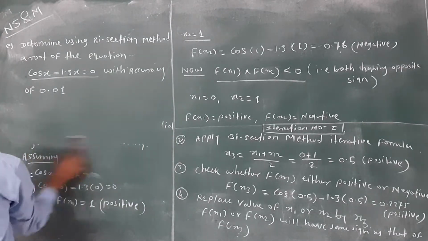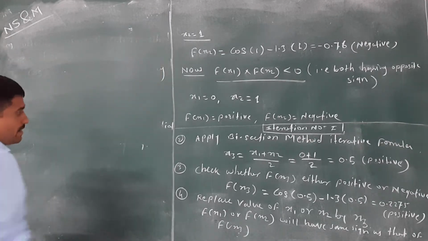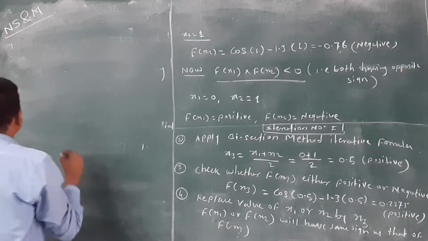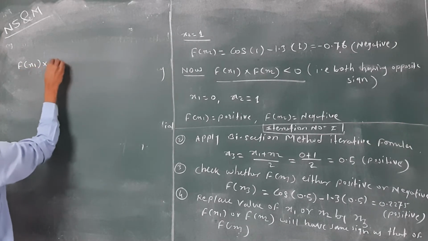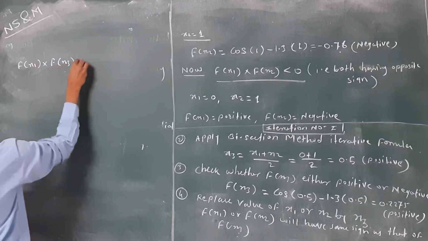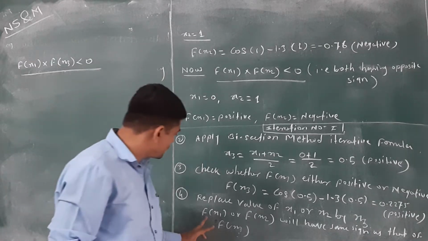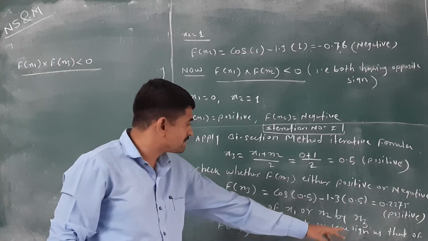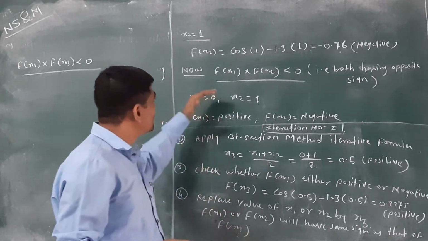Take that, f of x1 into f of x3 is less than 0. What I have said here is that f of x1 or f of x2 will have the same sign as that of f of x3, meaning we will compare that sign.